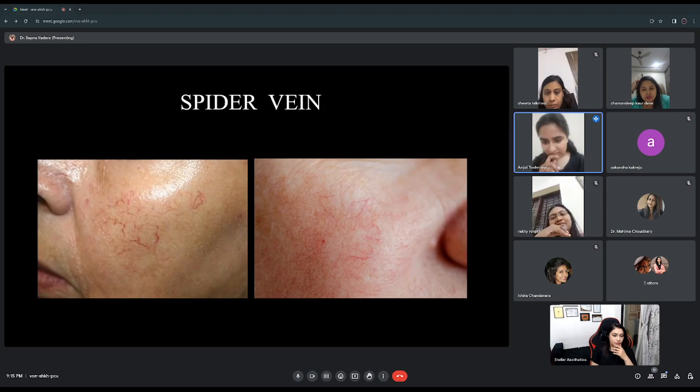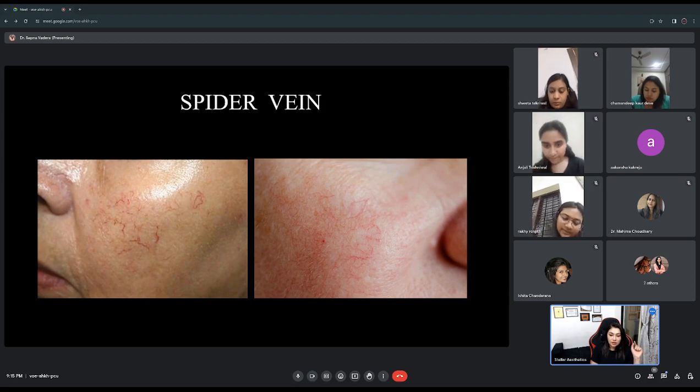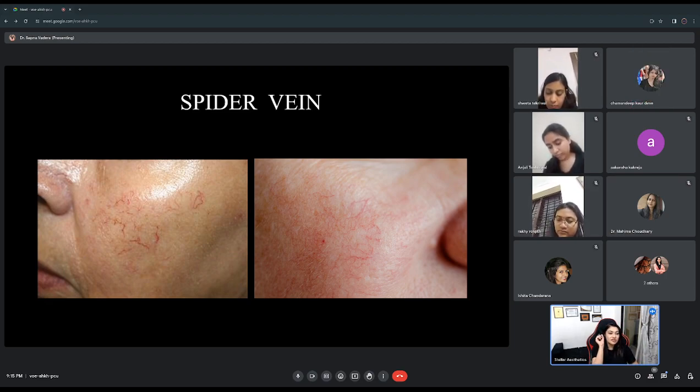Breakage and blockage of capillaries, the end capillaries. Okay? So because there is breakage and blockage of end capillaries, the blood gets retained over there, it dries up over there, and it gives a pigmented appearance. So your treatment should be aimed at removing these small blood clots and blood pigmentations.